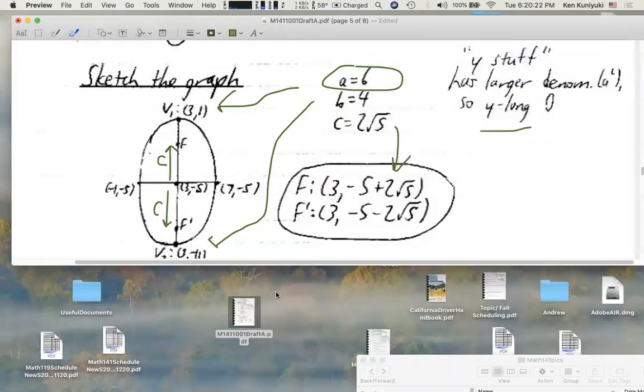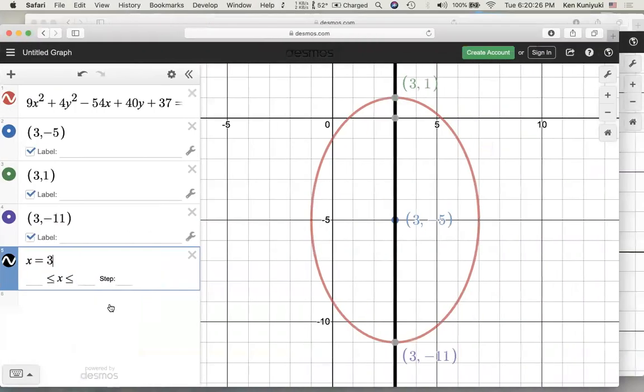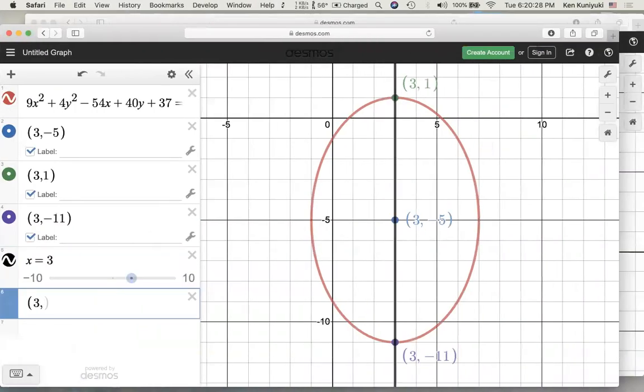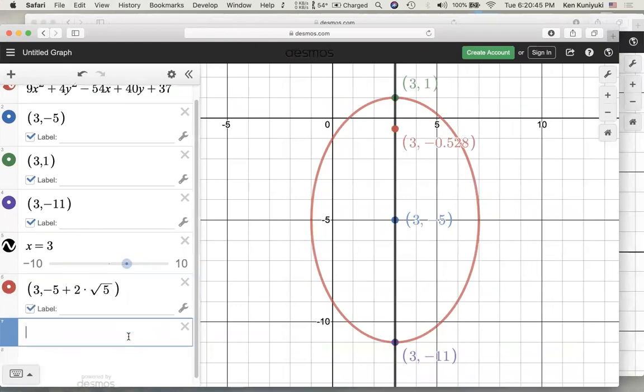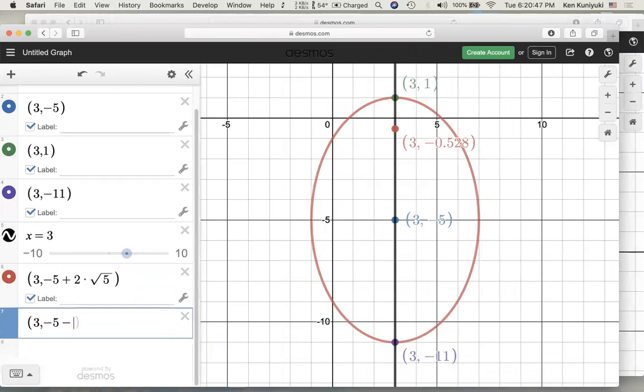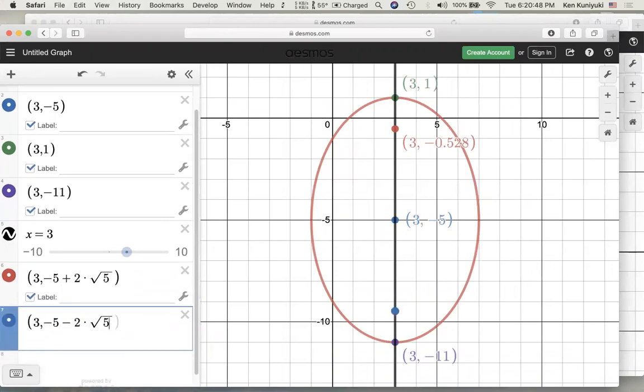So the foci are 3, -5 plus 2 times the square root of 5, that's up there, and 3, -5 minus 2 times the square root of 5, that's the blue point down there. These are the 2 foci.